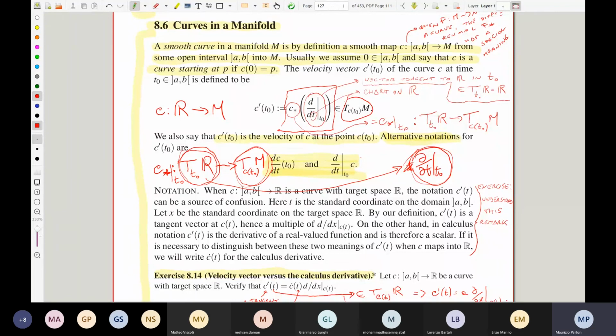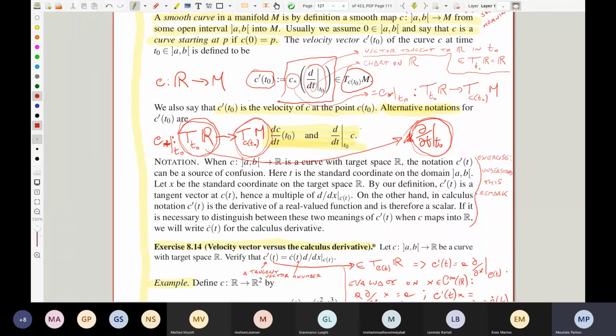Call this new tangent vector with this symbol, just like the derivative. So the symbol C prime at T0 means the tangent vector to the original curve represented by C into the manifold.